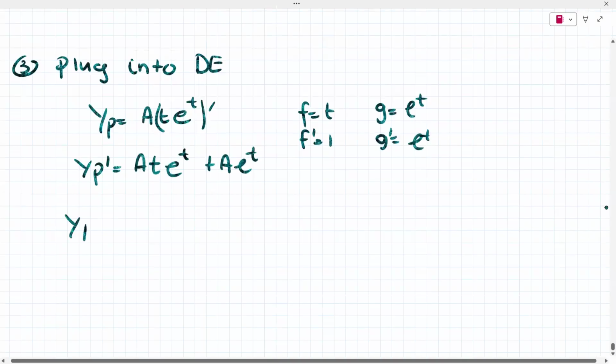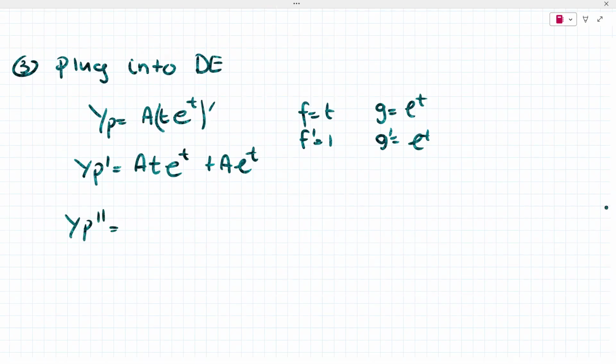And then what is your yp double prime? Product rule again. So it's going to be a t e to the t. If you need to pause the video, go ahead, but I'm just applying the product rule again.